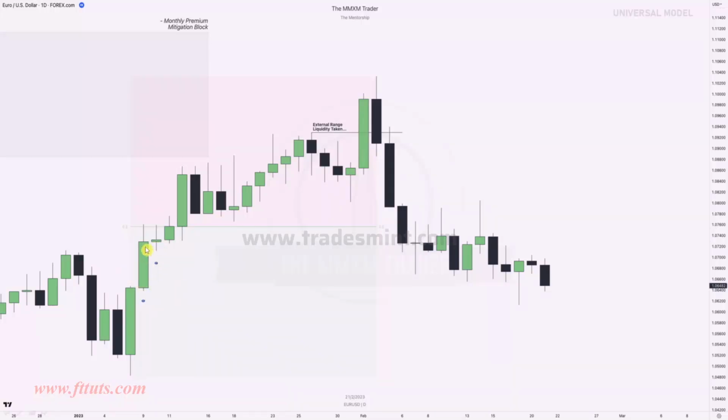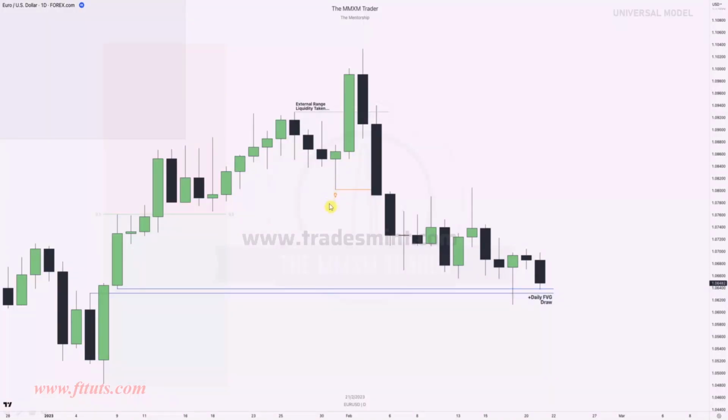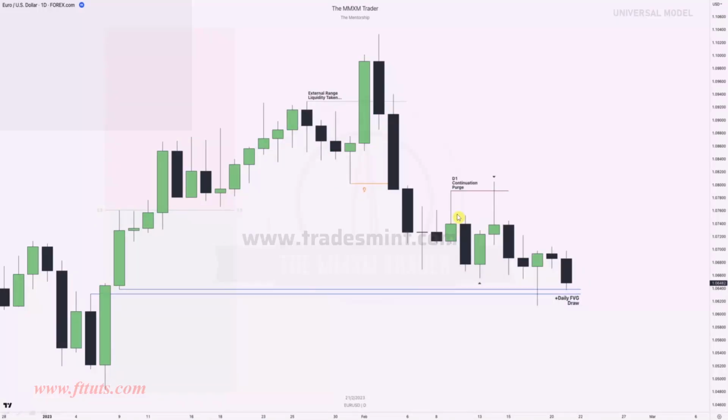We've got these fair value gaps down here and even down here. So after that break of structure over here, right, we can see this internal range liquidity is our draw, and we can even see this high being purged over here, which is a daily continuation purge, right? So over here, this is where our opportunity lies on the short-term perspective, because we have an intermediate term high potentially forming over here, which should not get raided anymore, right?